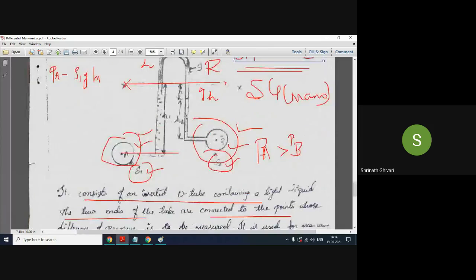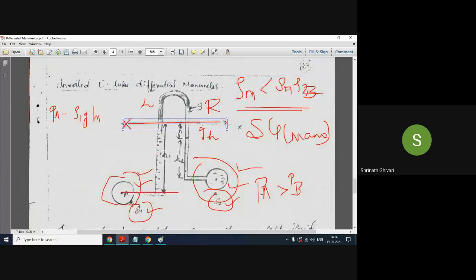What is the pressure at B? PB minus rho 2 g H2, minus, till this point there is manometric liquid, right?